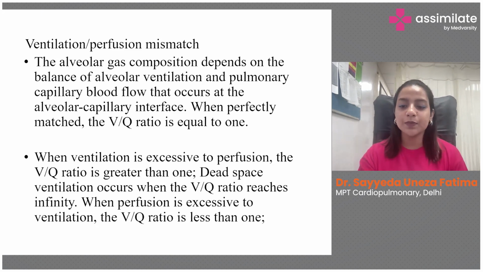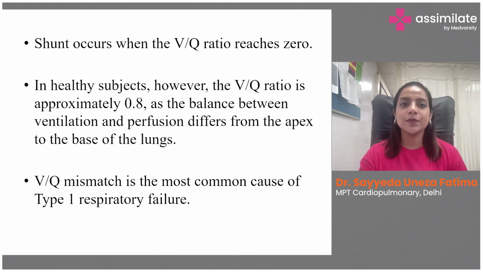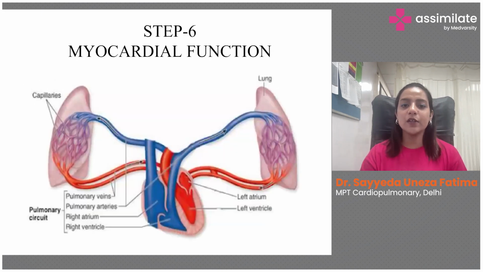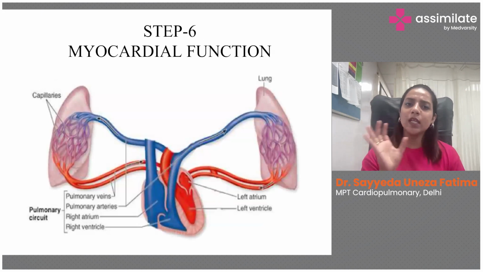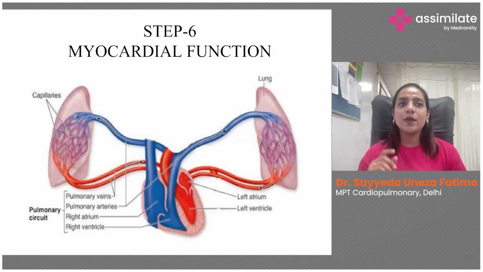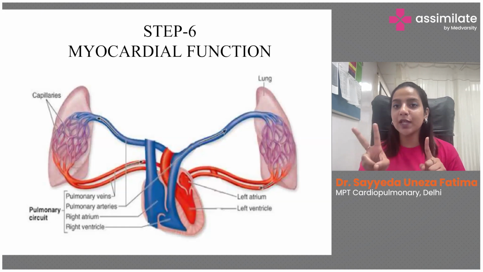All right, now coming to the next step, which is step 6 of the oxygen transport pathway: myocardial function. Now imagine that the lungs were absolutely fine, the environment was fine, airway, chest wall, alveoli, diffusion, even the hemoglobin was absolutely fine. Till now we have read about two types of hypoxia.